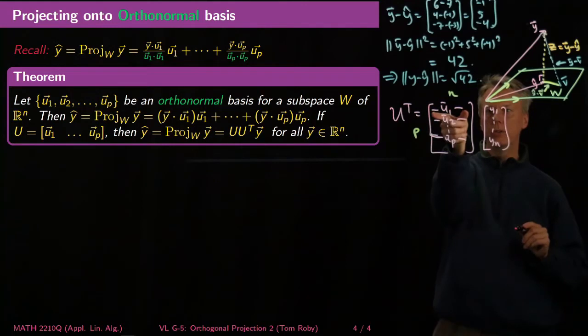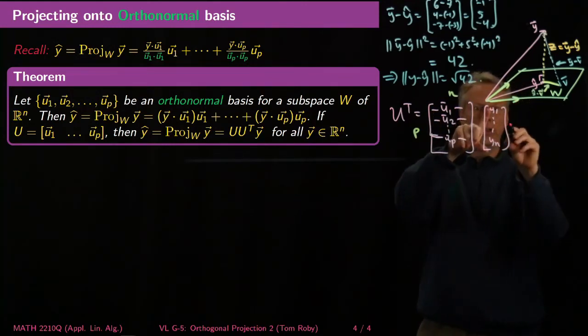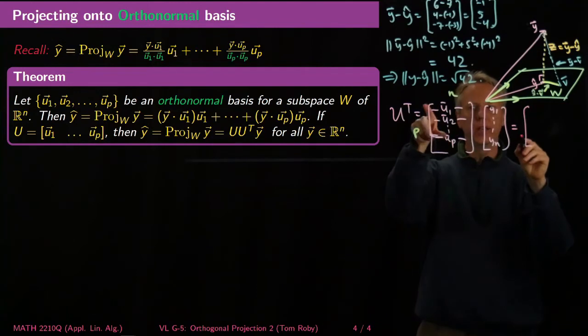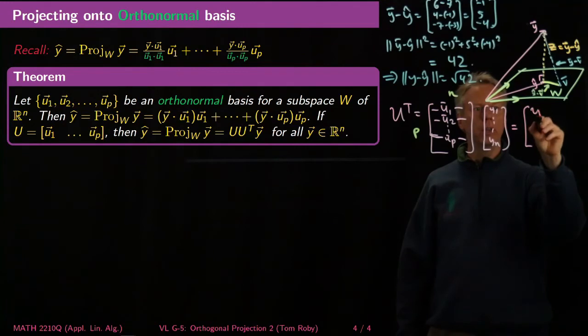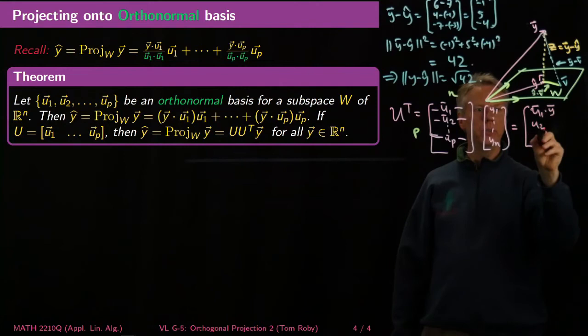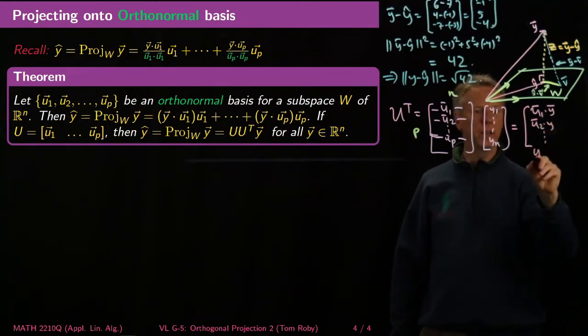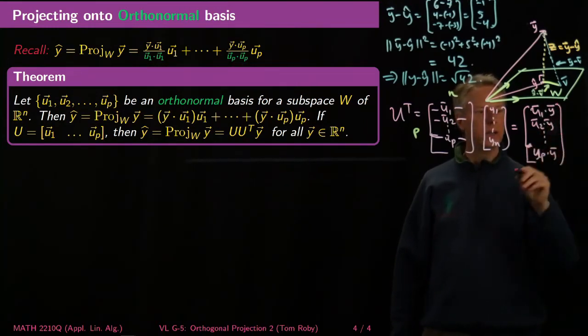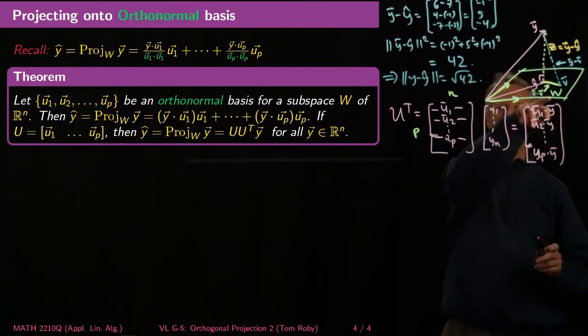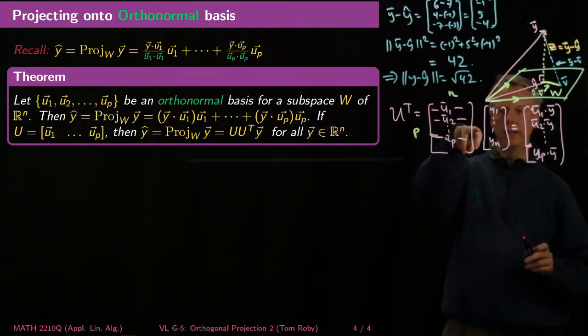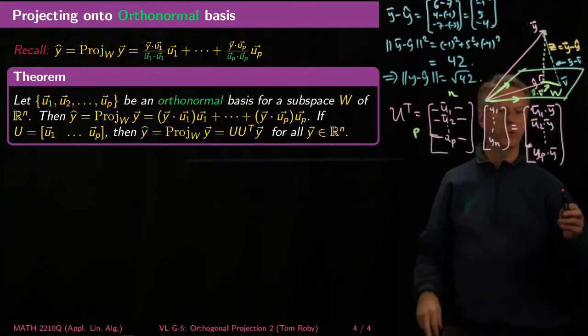I just get u1 dotted with y for the first entry, u2 dotted with y for the second entry, and finally up dotted with y is the bottom one. All right, so this is a p by n times n by 1, so I end up with a p by 1 matrix, which is what I should get.